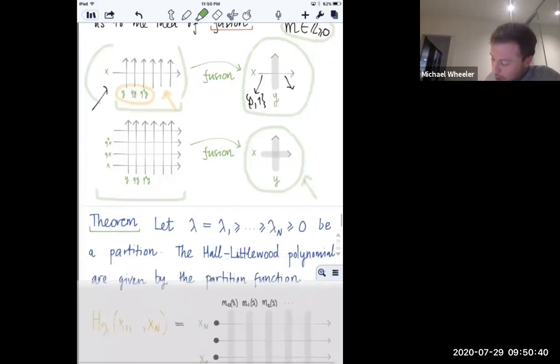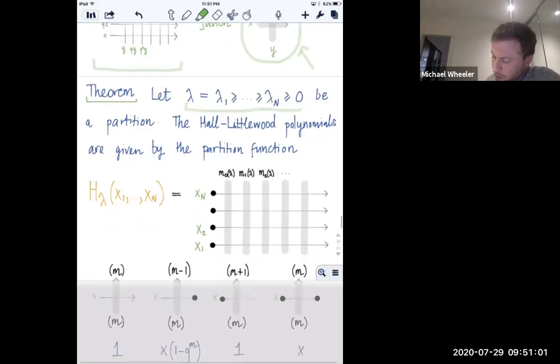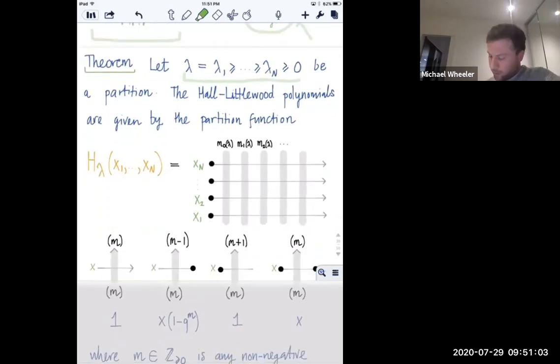Okay, so now let's have a look at the type of partition function that you get for the whole Littlewood polynomials when you explicitly perform the fusion of that bundled wave function. So you end up getting the following. As before, I have a partition lambda, and the whole Littlewood polynomials are then given by this partition function here.